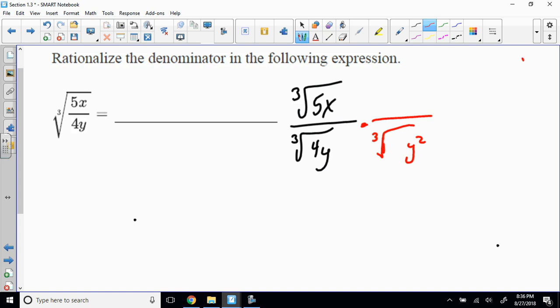We got 1 cubed equals 1, 2 cubed equals 8, 3 cubed equals 27, 4 cubed equals 64, 5 cubed equals 125, right? So, what do I need to multiply 4 by to get it to be a perfect cube?